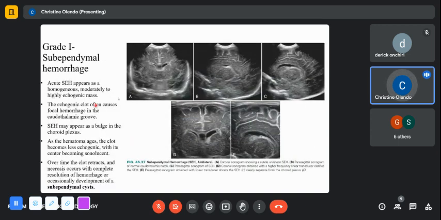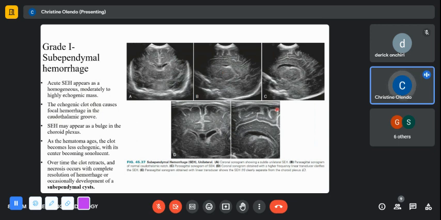So we'll go through the 4 grades of germinal matrix hemorrhage. Here in grade 1, which is subependymal hemorrhage, it occurs as a homogeneous, moderately to highly echogenic mass or lesion. The clot often causes focal hemorrhage at the caudothalamic groove, and it may bulge into the choroid plexus.